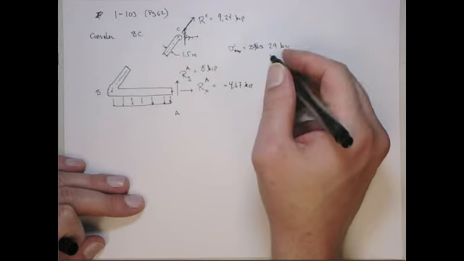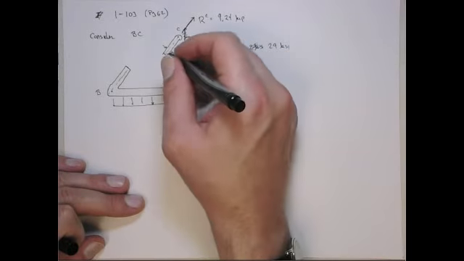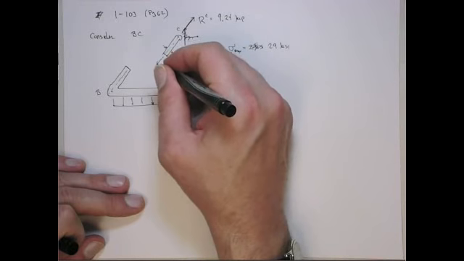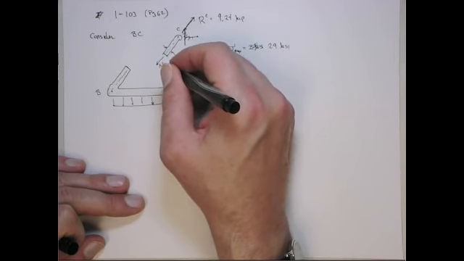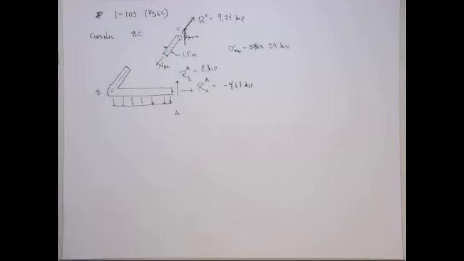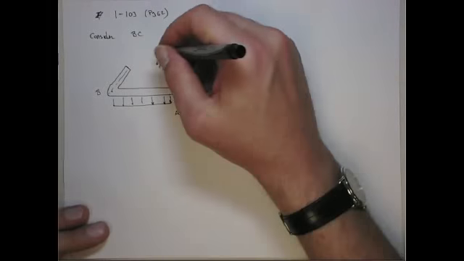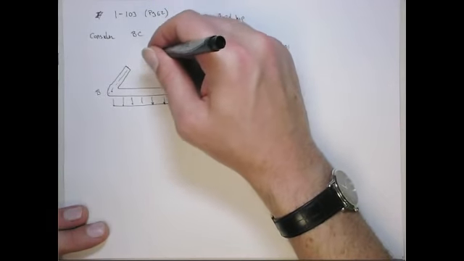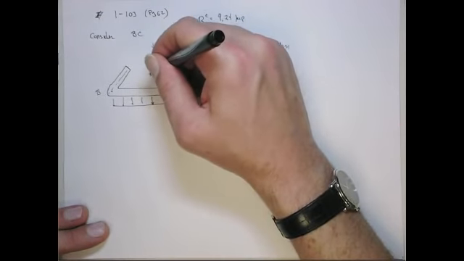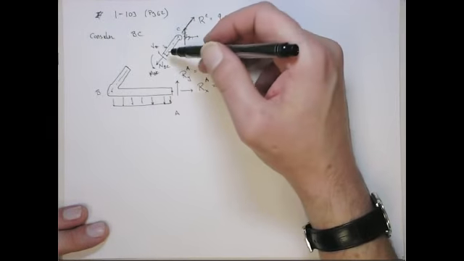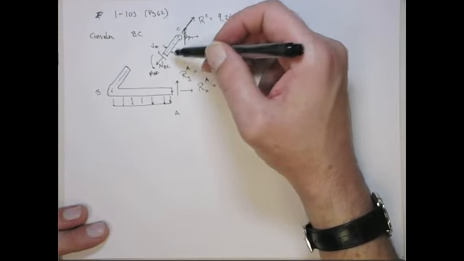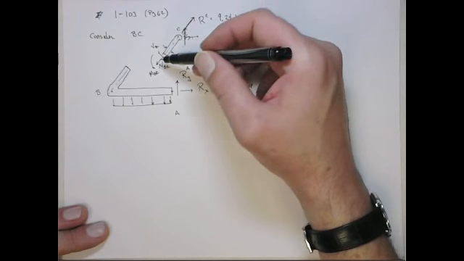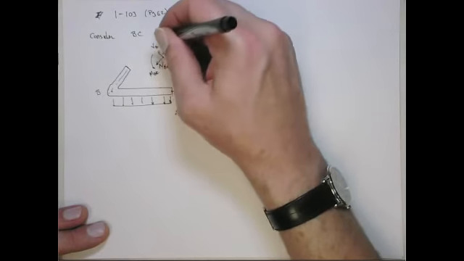If we look at element BC, it could have a normal, a shear, and then a moment. But you can look at this and you can see, obviously, since it is a two-element member, that the shear and the moments are going to go to zero, right?